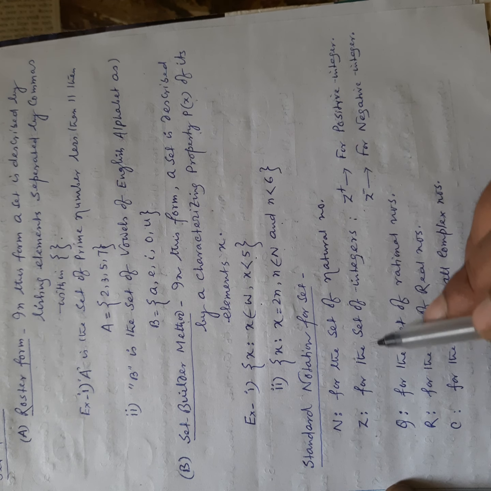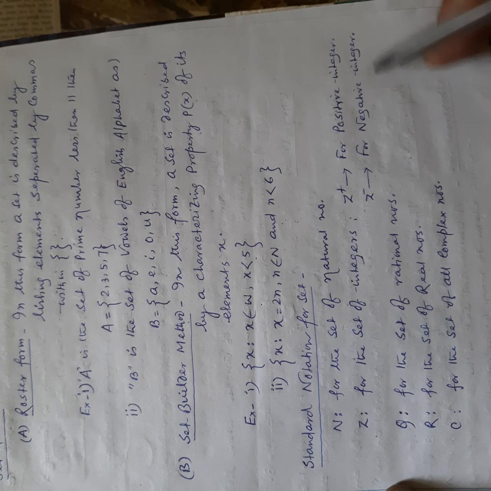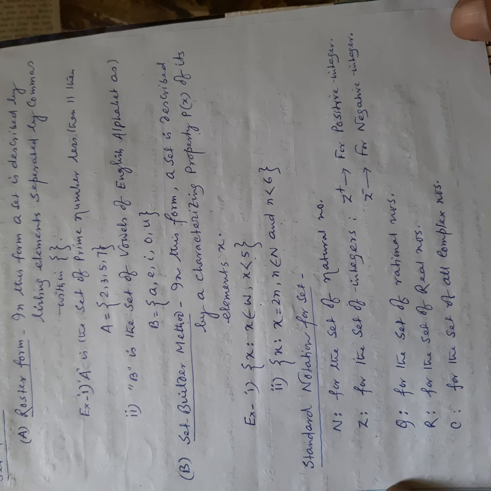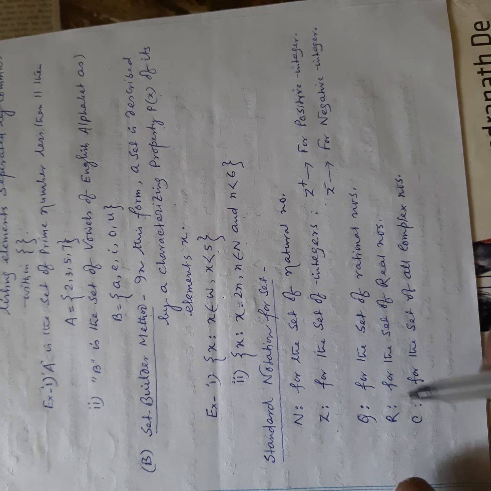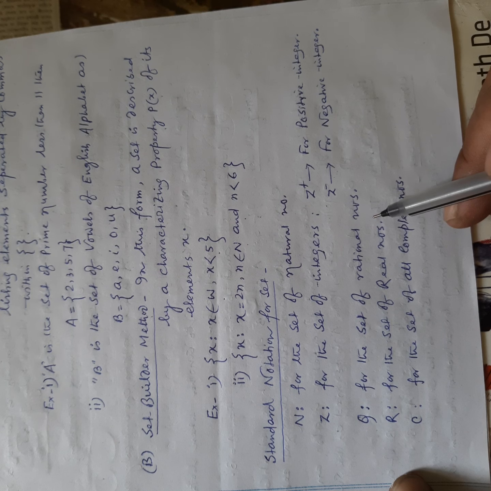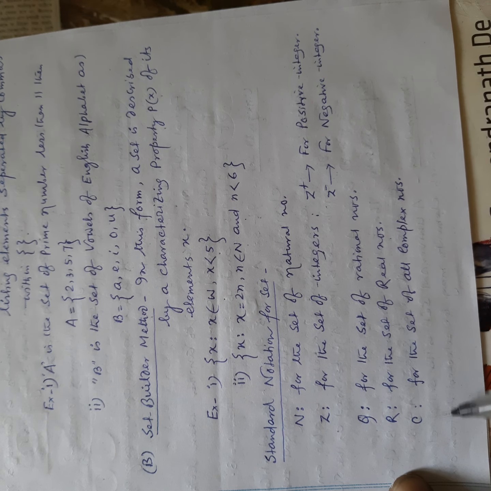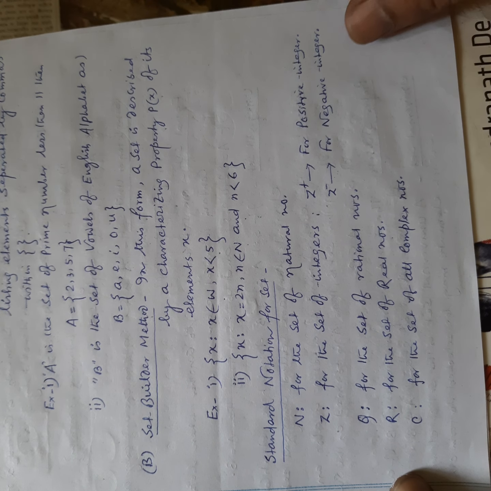Capital I is also used for the set of integers, I plus for positive integers, I minus for negative integers. Capital Q for the set of rational numbers, capital R for the set of real numbers, capital C for the set of complex numbers. All these are standard notations.